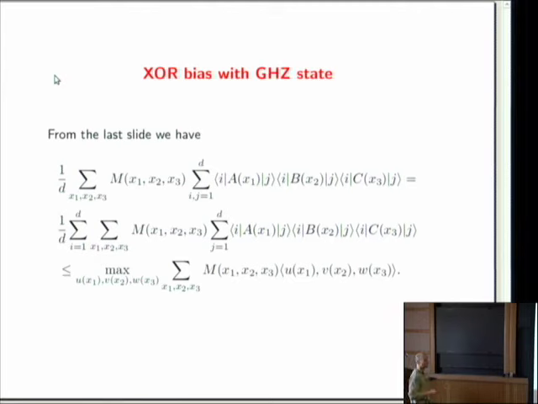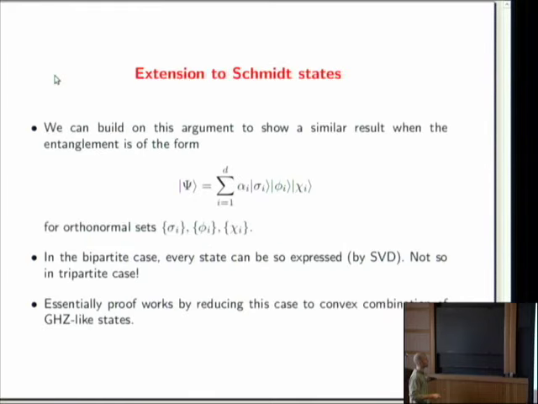That's the flavor of our arguments: you want to bound the correlation with entanglement by some function for which you have a Grothendieck inequality. You can extend this argument to more general kinds of states, such as weighted GHZ states. They don't have to be uniform.